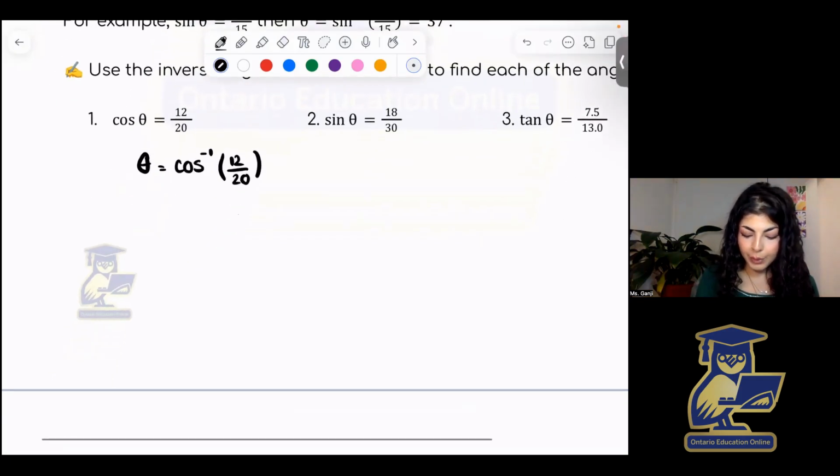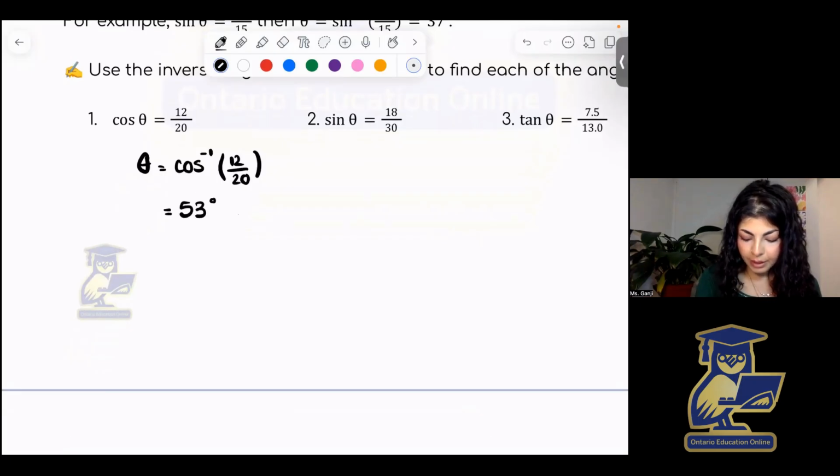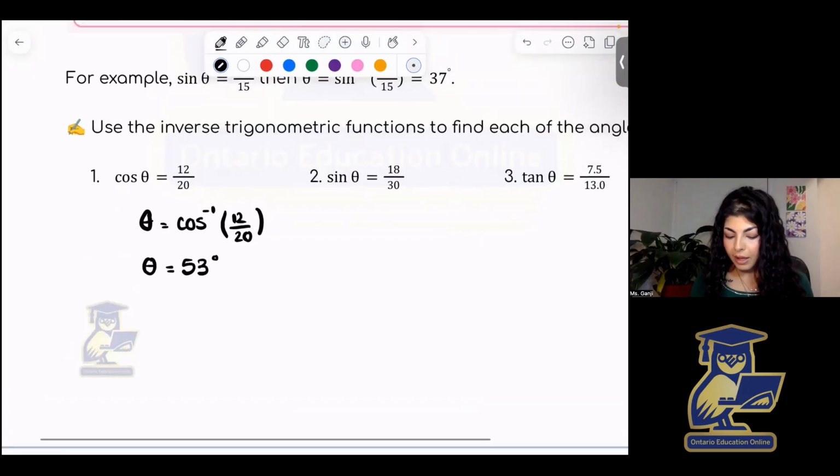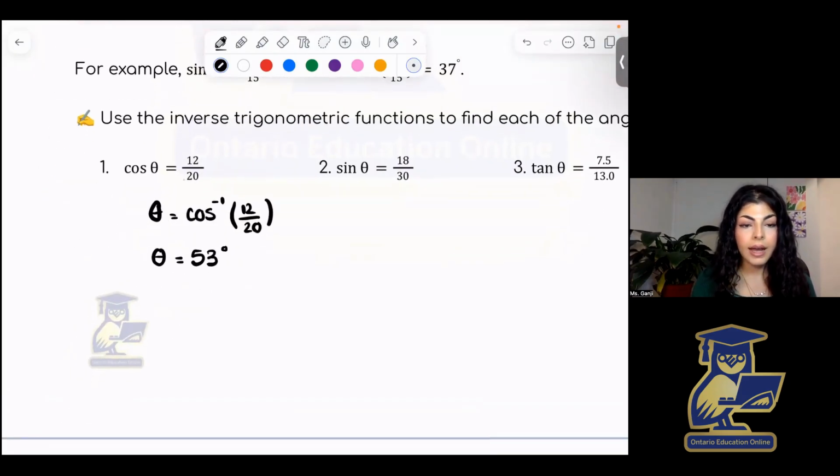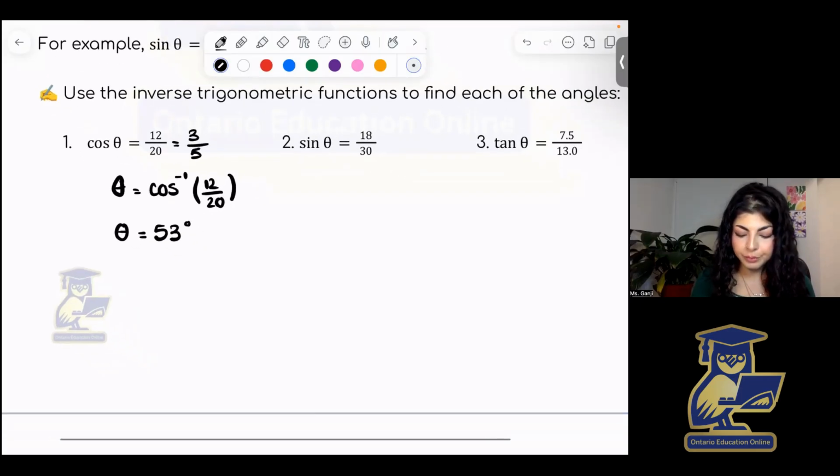And if I evaluate this, I will get 53 degrees. And I'll actually point out to you here that this is that 3, 4, 5 triangle. So if you match it up, you should get 53 here because really this ratio is just 3 over 5, which comes from that 3, 4, 5 triangle.